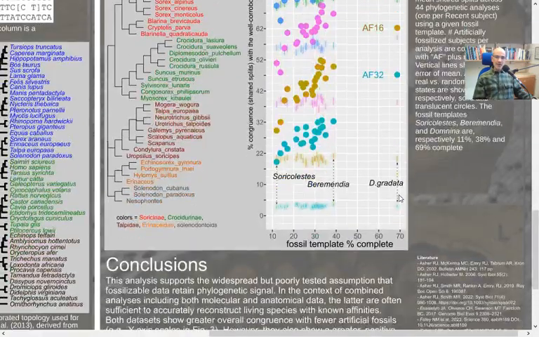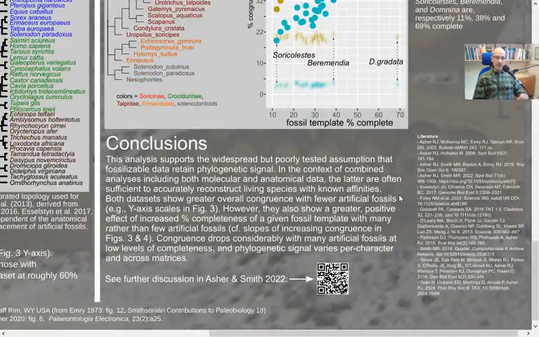And let me just conclude and say that this analysis supports what paleontologists have long assumed, but rarely tested, right? The poorly tested assumption that fossilizable data retain phylogenetic signal. They do, those fossilizable data. In the context of combined data analyses, your best bet is to always include molecular and anatomical data together whenever you can.